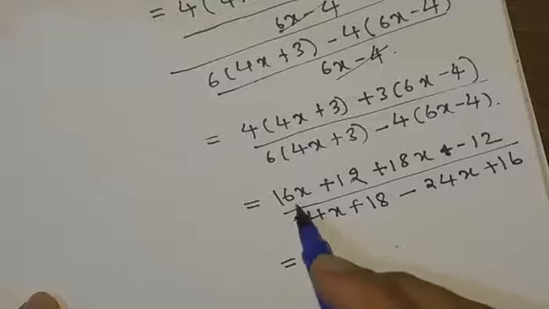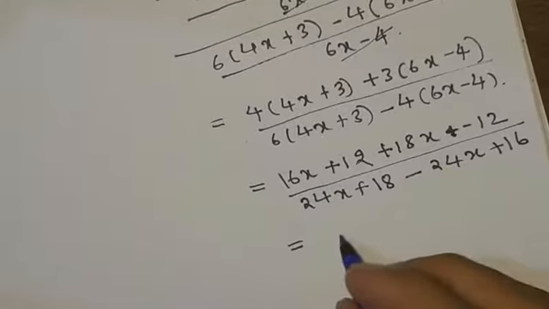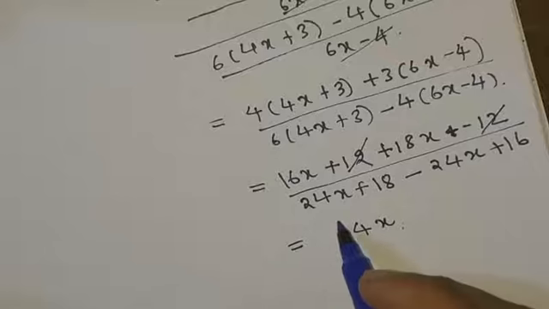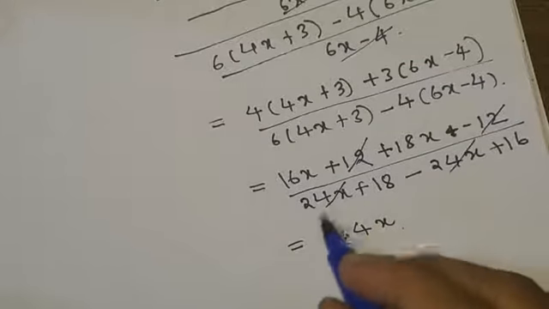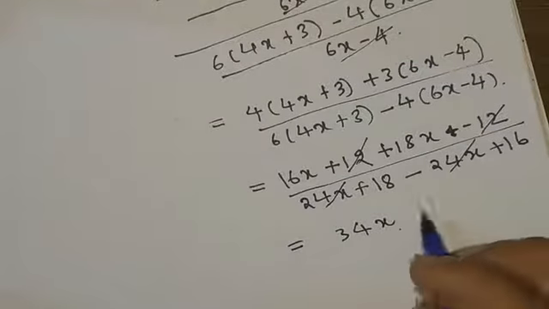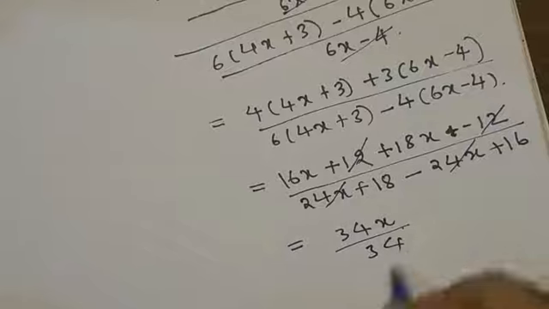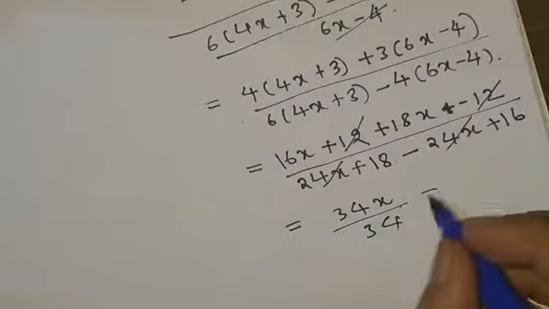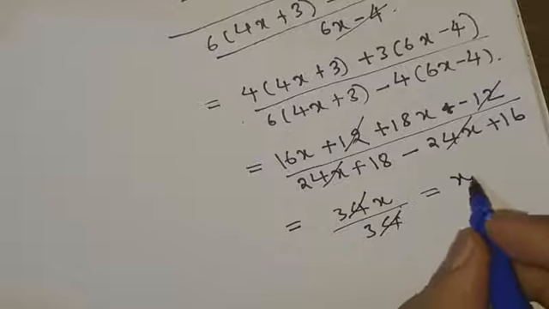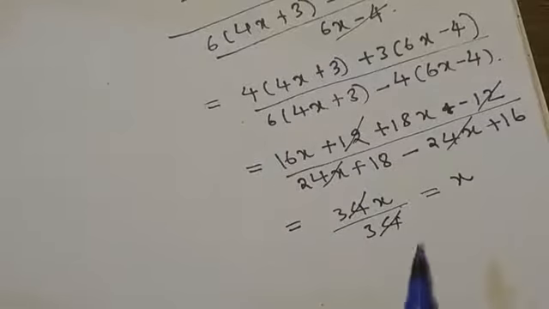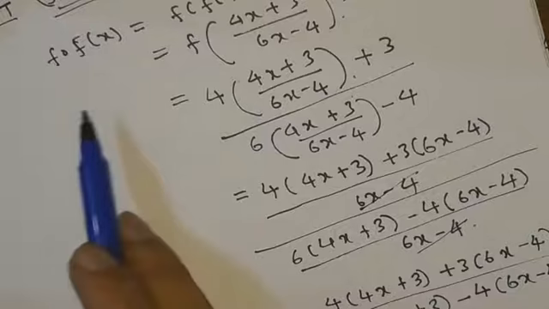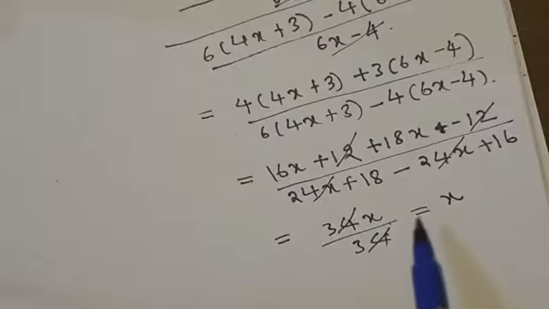So this will be equal to what? 16x plus 18x is nothing but 34x. 12 and minus 12 will get cancelled. 24x minus 24x will get cancelled. 18 plus 16 will be 34. So 34x divided by 34 you are getting, which is equal to x, because 34 gets cancelled. So x you got. So you got f composition f of x is equal to x.